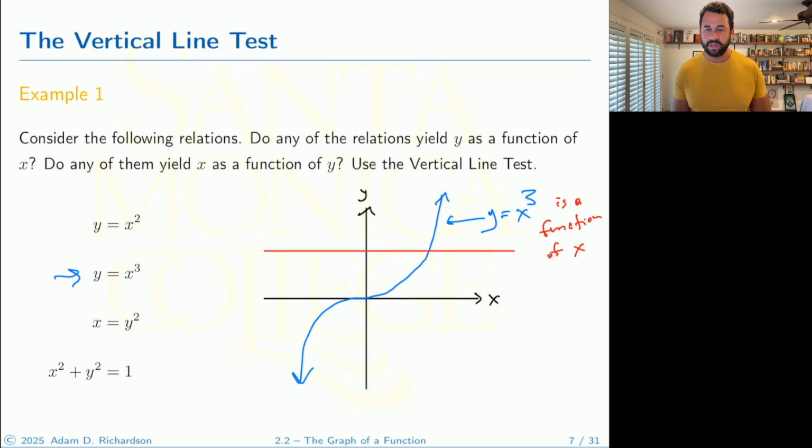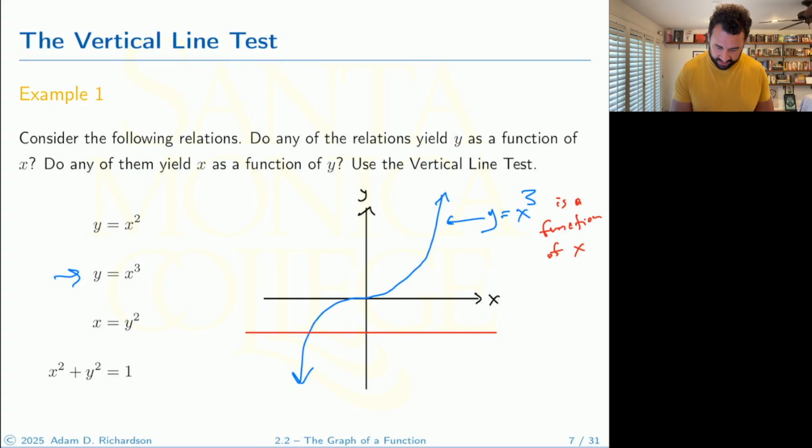It's only intersecting the graph at a single point at any given time, right? So that means that this equation is also describing x as a function of y. So we get both in this case. I should say, y is a function of x and x is a function of y.